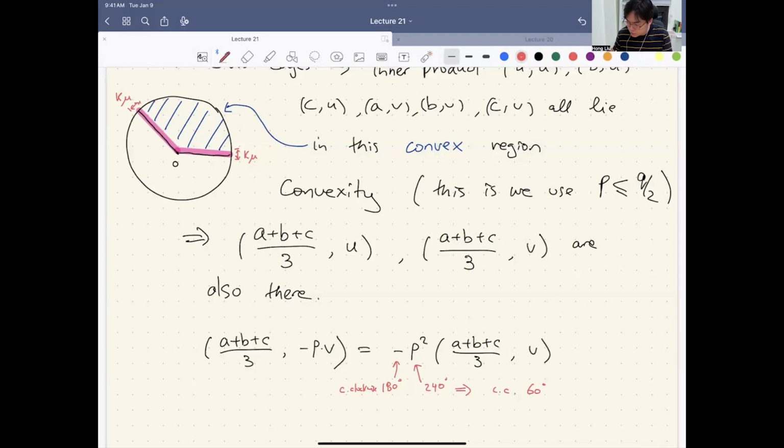Let me use a sharper color. It lies in the purple region. 90 degree. 60 degree. So it lives here.